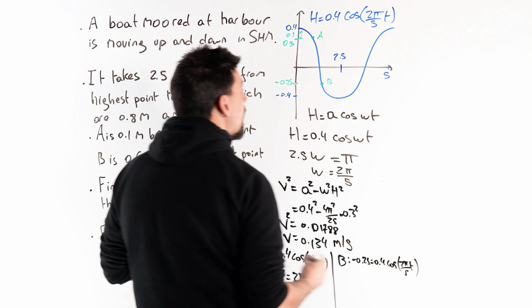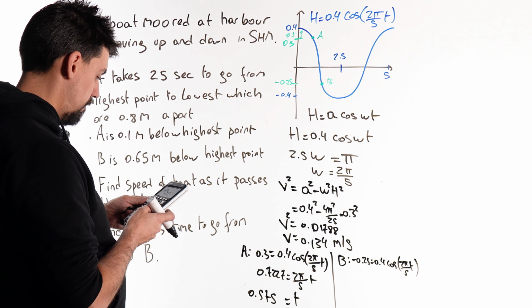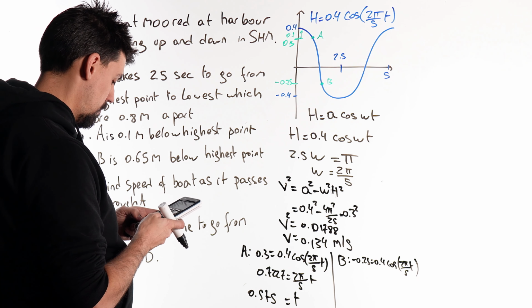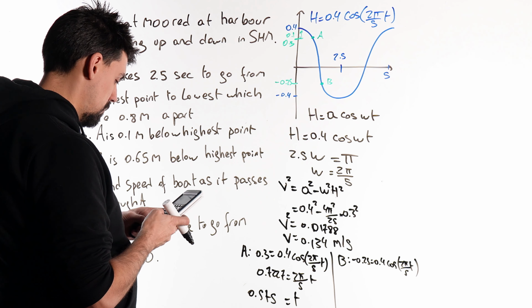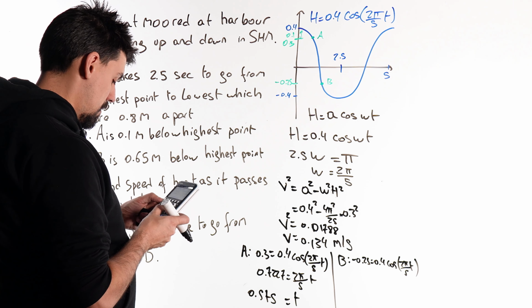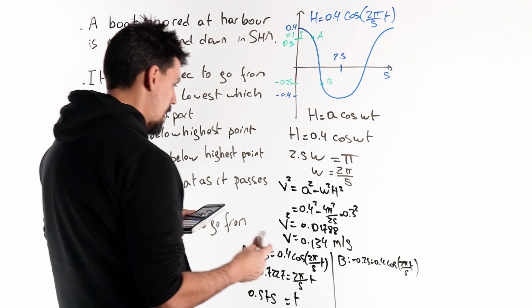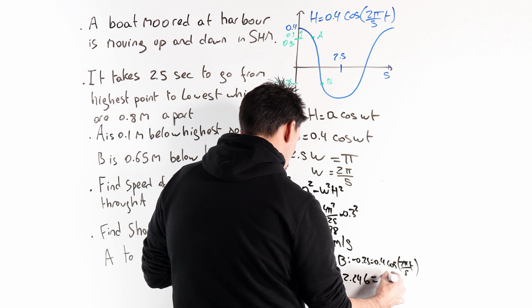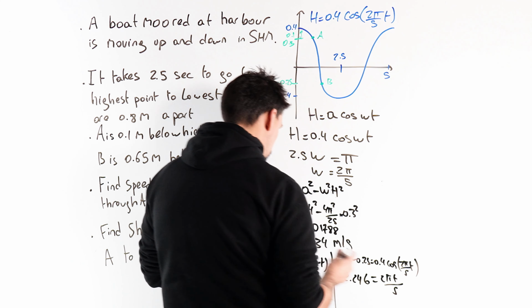Oh, we might be getting a bit of glare there. I get 2.246 is 2 pi over 5 t.